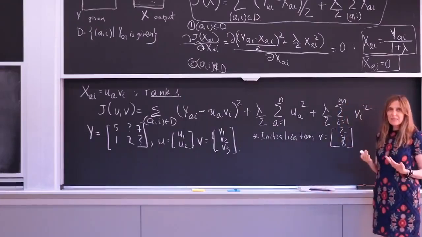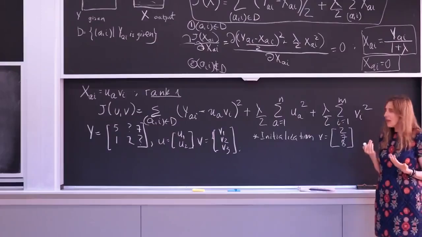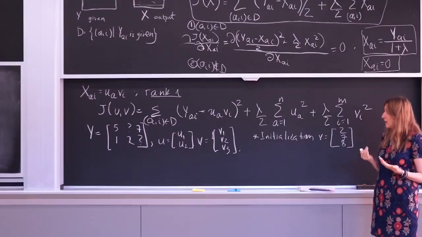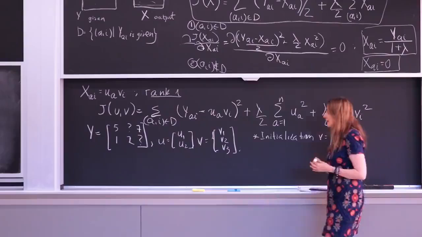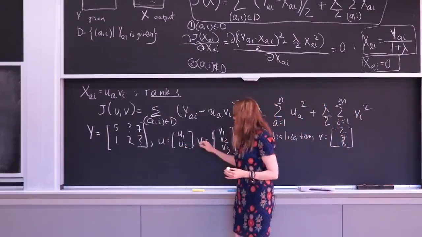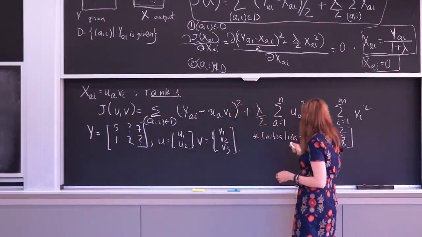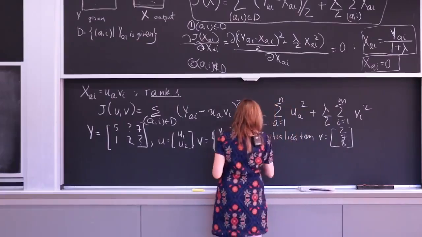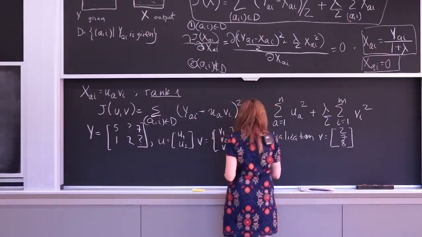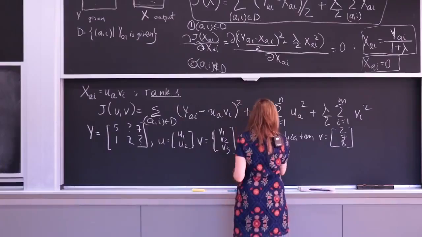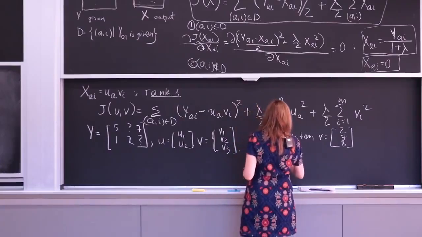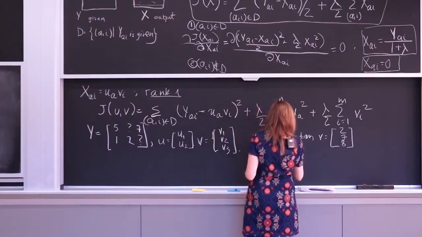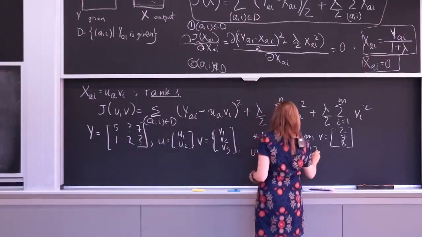So the next step for me is to look at matrix X when we compute the product between u and v transposed. In this case, u v^T would be equal to u1, u2 multiplied by 2, 7, 8.